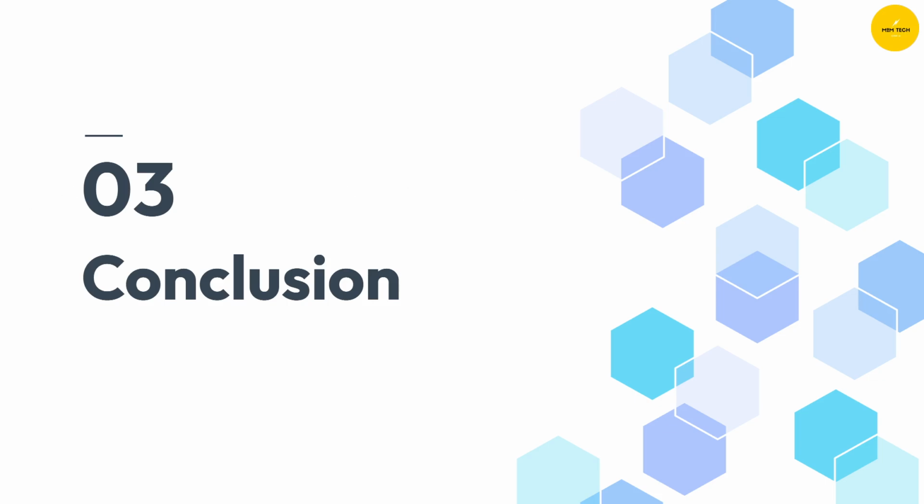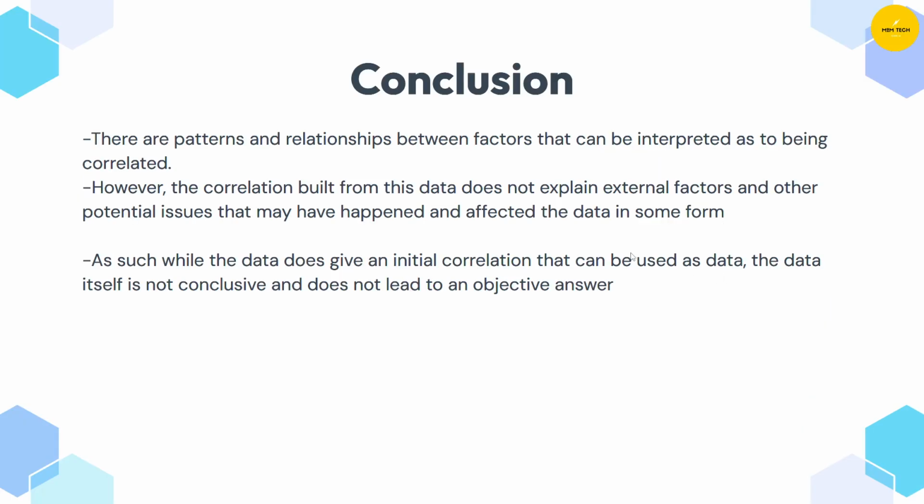So the conclusion for all this data is that there are patterns and relationships, as I've demonstrated, between certain factors that have impacted salary, but the correlations built from this data aren't necessarily full, because they are only a result of the data and do not necessarily cover other factors that have potentially impacted salary, because the data only provides certain numbers and information about the user, but does not explain external factors.